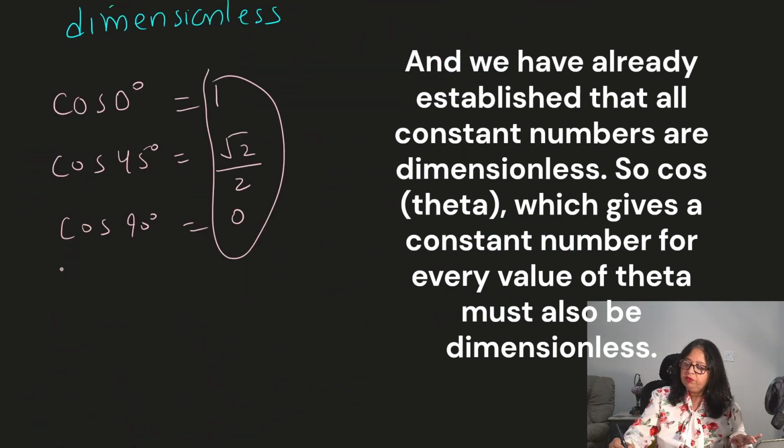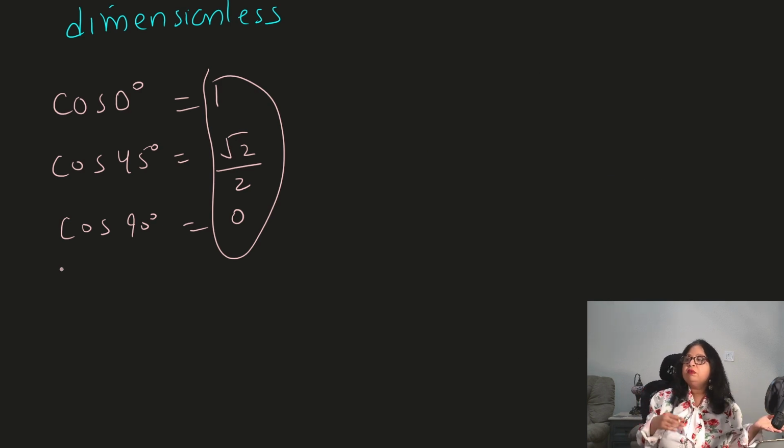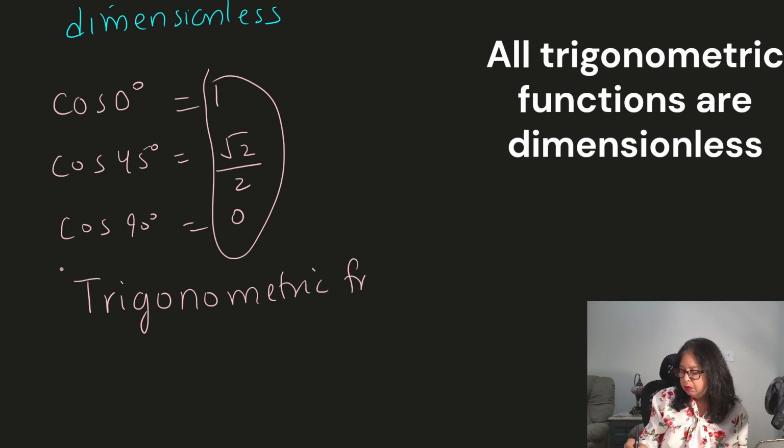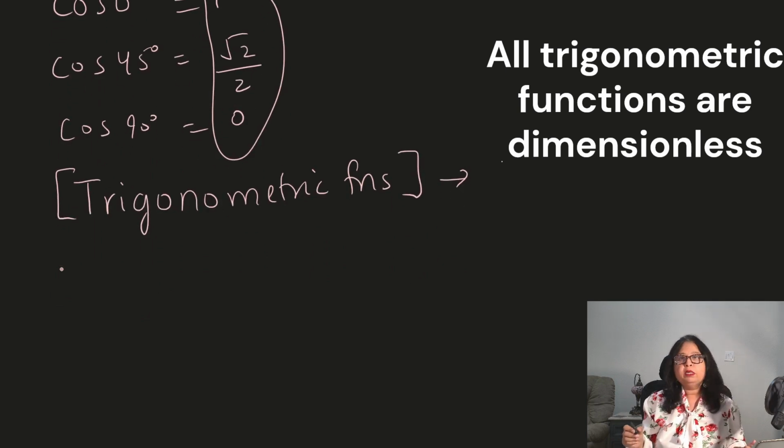So same thing for sine of any angle, same thing for tangent of any angle, or cosecant, or secant, or what's the last one? Cotangent. So all trigonometric functions are what? Dimensionless.